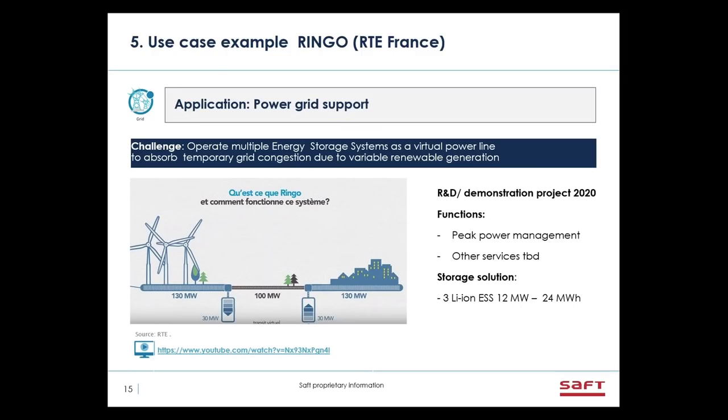In this case, for example, if renewable generates 130 megawatt, but there is a part of the line that can only carry 100 megawatt, you would store an excess of 30 megawatt in one battery on the left-hand side, and simultaneously, without interfering on energy markets, you would unstore the same amount of energy on a second battery, so as to provide the full 130 megawatt in a timely manner to this town.